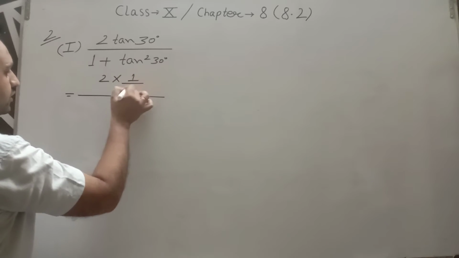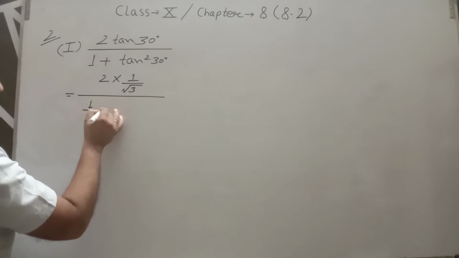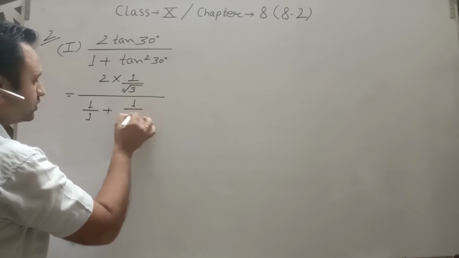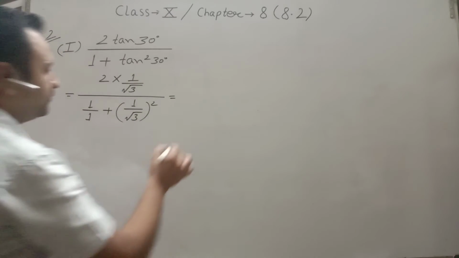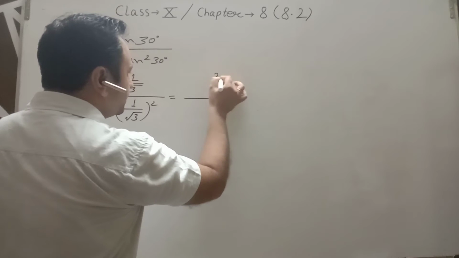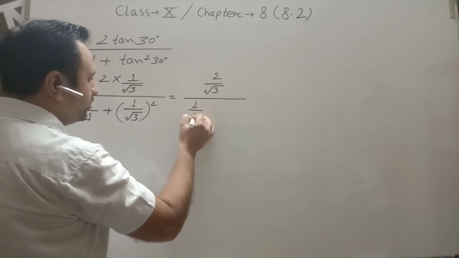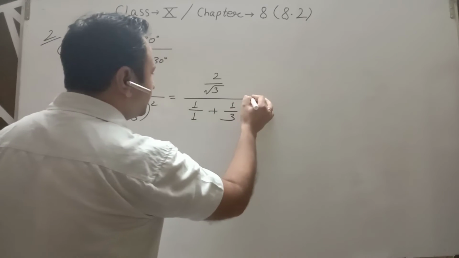The value of tan 30 degree is 1 by under root 3. In the denominator also put the value of tan 30 degree, obviously 1 by under root 3, and whole square. 2 multiply 1 by under root 3, so it is 2 by under root 3. In the denominator 1 plus, square of 1 upon under root 3 is 1 upon 3.